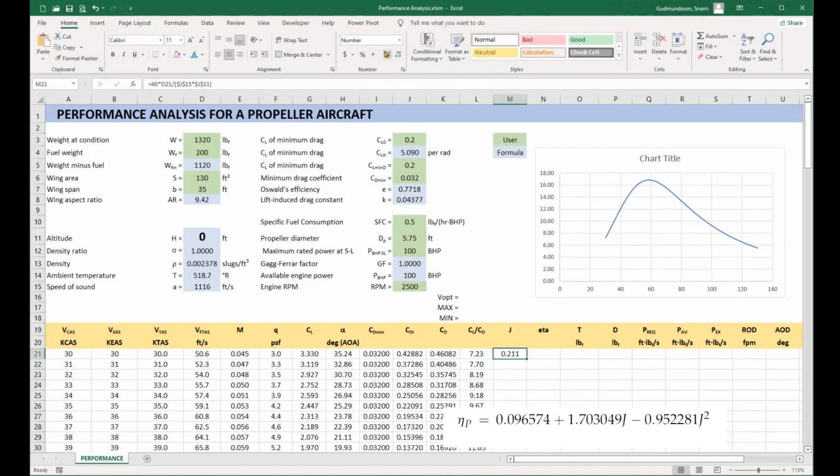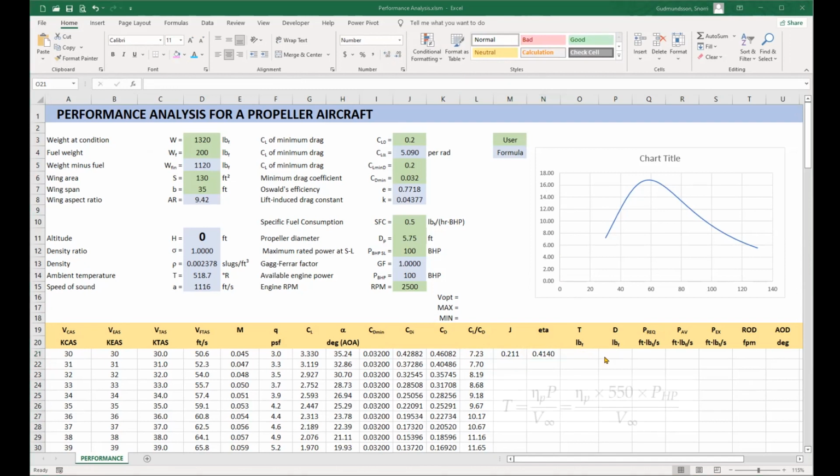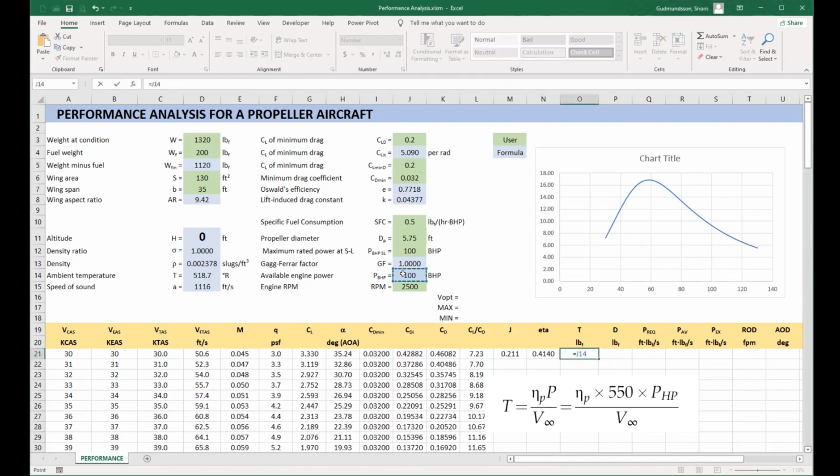We can now calculate the propeller efficiency eta, presented in aforementioned sections. It is now possible to calculate the propeller thrust using equation 14-38 or 15-52.